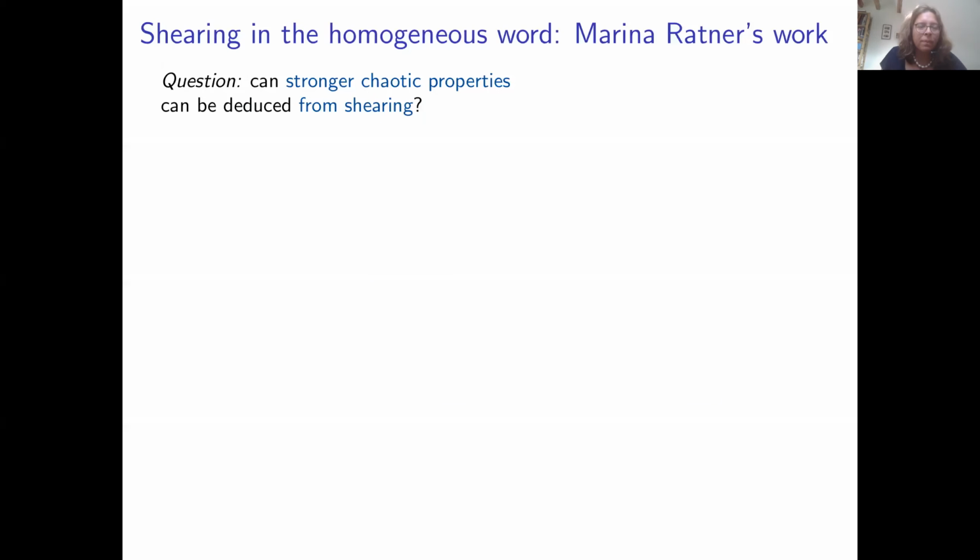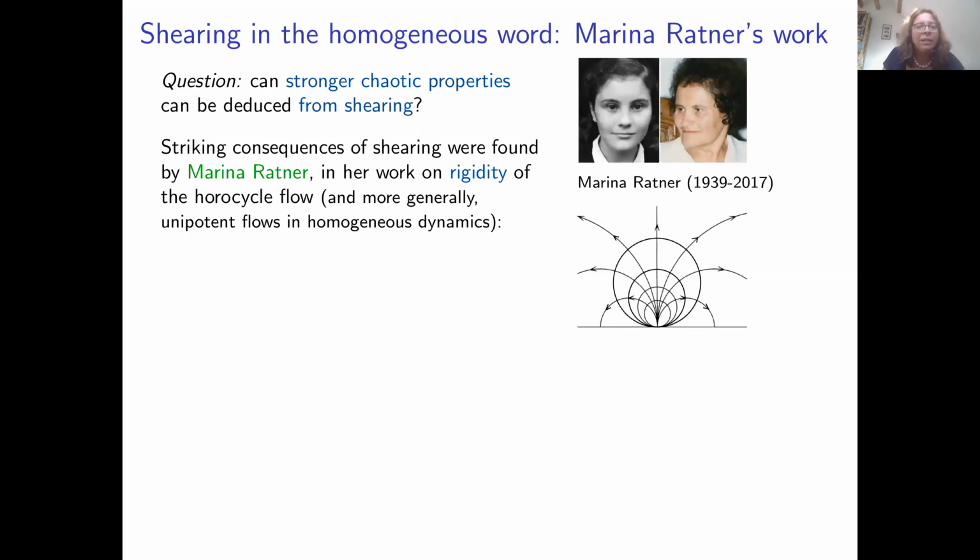But I want to mention a very, very celebrated example where shearing played a crucial role. And this is in the work of Marina Ratner. I don't know, some of you, if you know of homogeneous dynamics, probably you heard of her. Marina Ratner died just a few years ago.